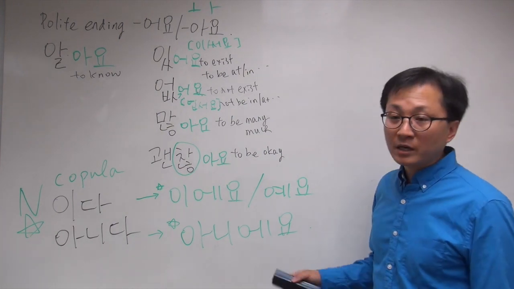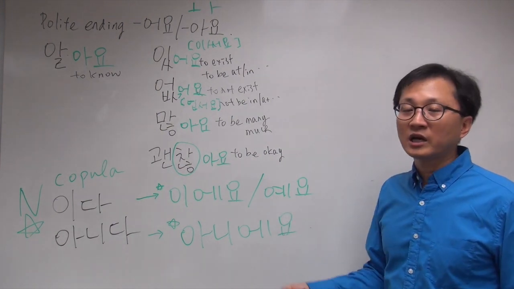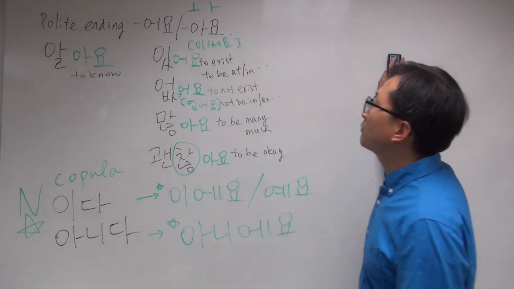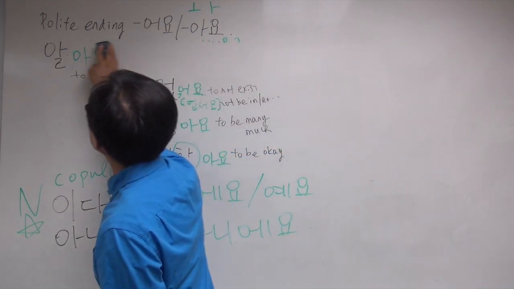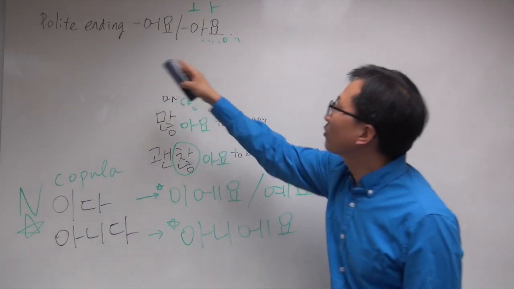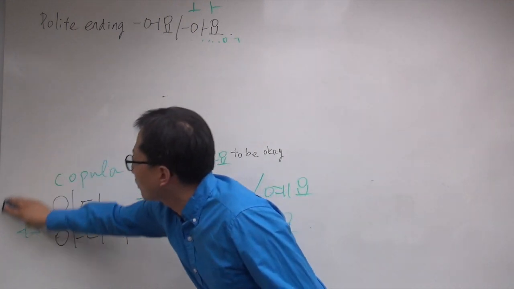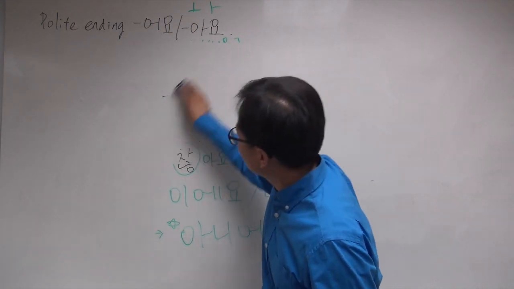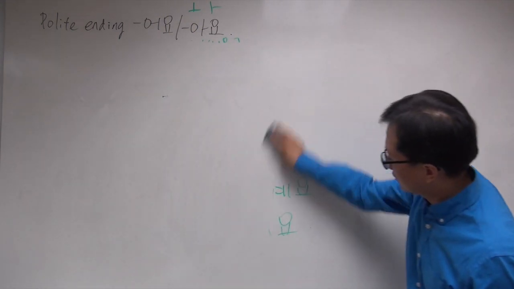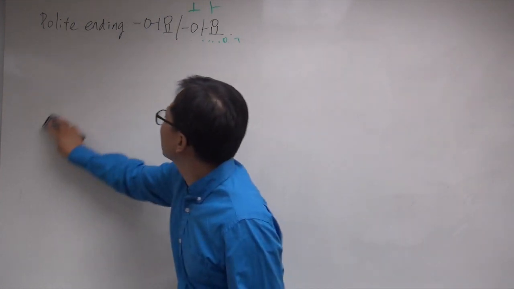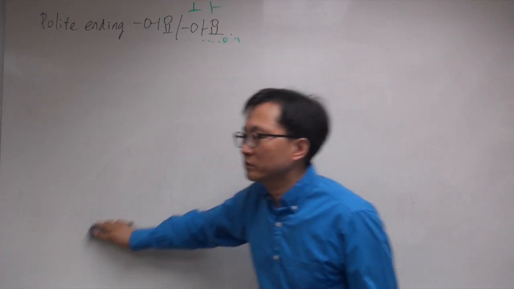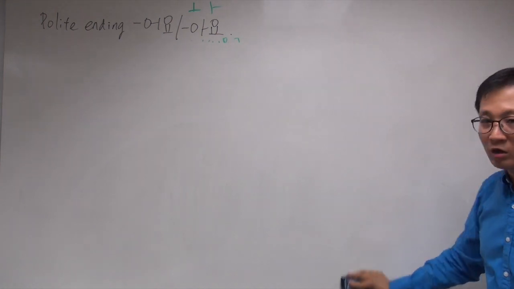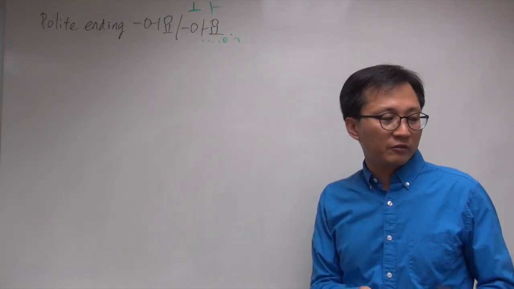And last time I told you that human languages have irregulars. So let me talk about some irregulars of polite ending 어요, 아요. So don't complain that we have irregulars. All human languages have irregulars.